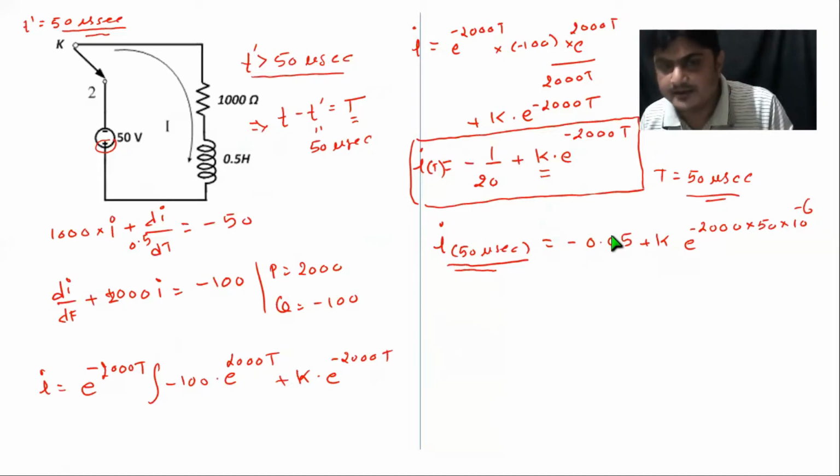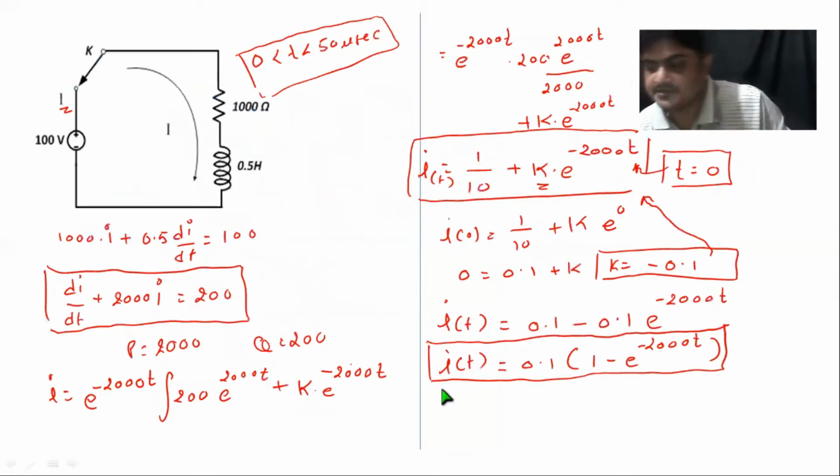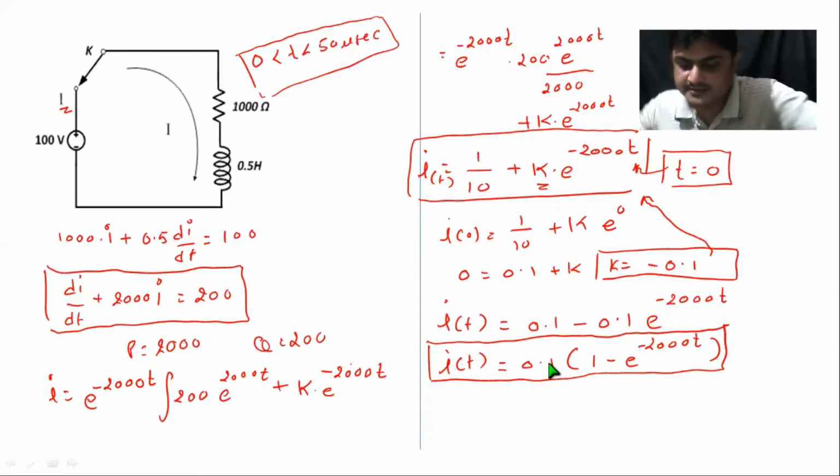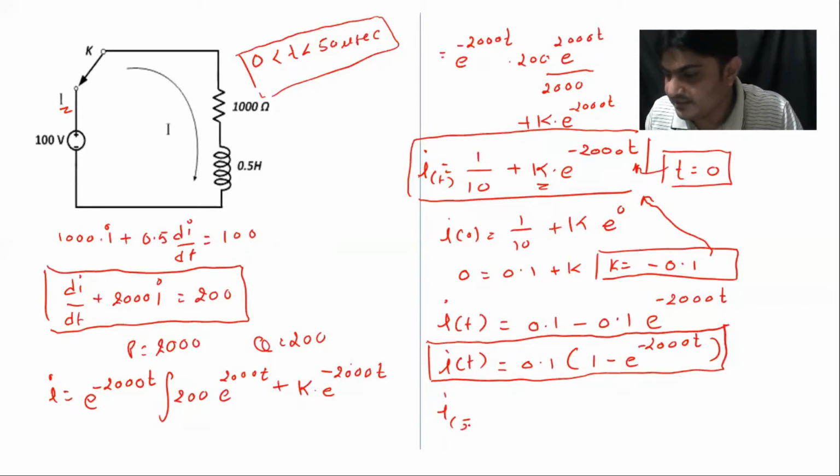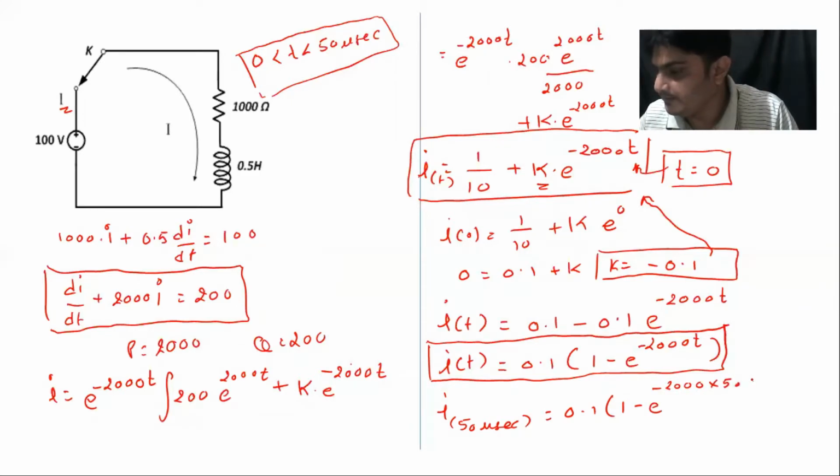So what is the current exactly at 50 microseconds? You have the expression, and you put t equal to 50 microseconds in it. Your current exactly at 50 microseconds, just after and just before 50 microseconds, in the case of an inductor will remain the same. So let me utilize this equation. I at 50 microseconds is equal to 0.1 times 1 minus e raised to minus 2000 into 50 into 10 raised to minus 6.